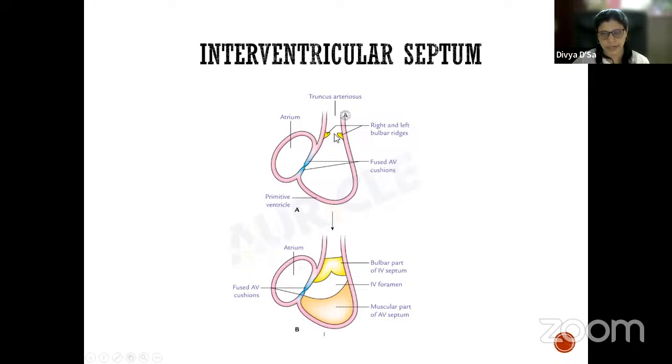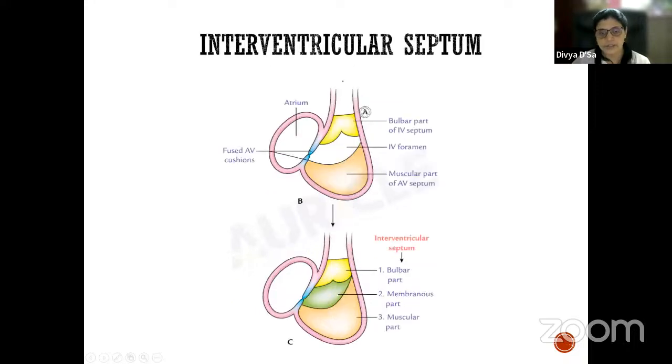They grow and approach each other, fuse with each other, and form the bulbar part of the interventricular septum. The gap between the bulbar septum above and the muscular septum, we call the interventricular foramen.